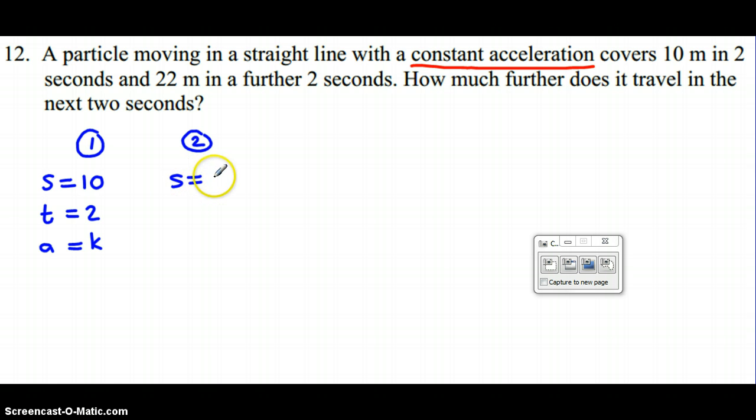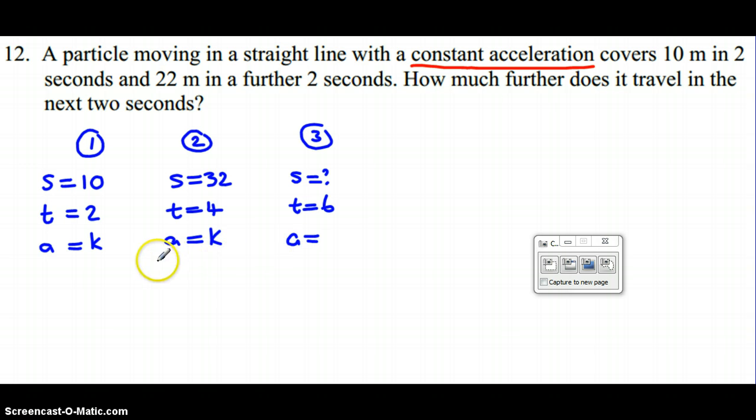If you look at this as a total, then it's gone a total of 32 meters over 4 seconds, and again that's constant. And the question's asking us that if it travelled for a further 2 seconds, how far would it get at that acceleration? So we're going to need to first of all start with this first situation here.